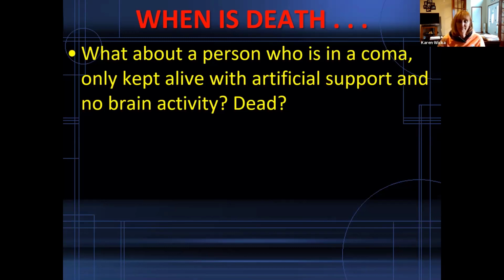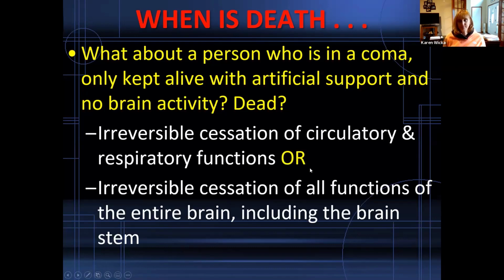When do you cease being a person? And what the courts have said is one or the other. So irreversible cessation of circulatory and respiratory function. So that means your heart stops beating. So the only way it's beating is the machines. That would be no longer a person.